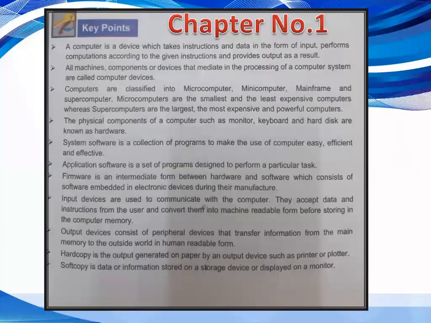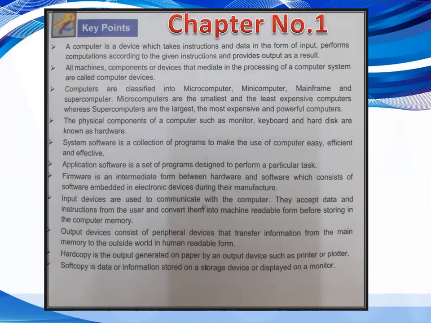So in last, I want to conclude my lecture on some important key points. In brief, we have looked at these important points in this chapter. The first one is computer is a device which takes instruction and data in the form of input, performs computation according to the given instruction, and provides output as result.